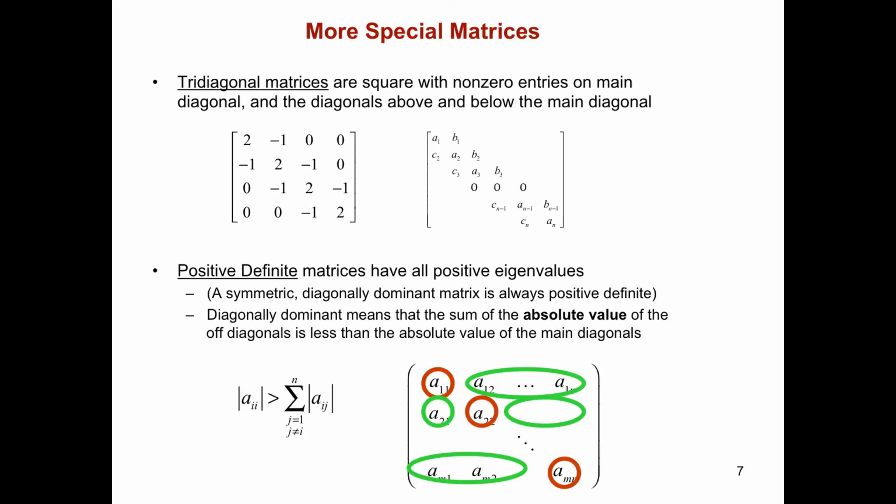Then A22 has to be larger in absolute value than the sum of all the others' absolute values, and so forth. If that's true for every row, then I have a so-called positive definite matrix. That's a rare test where I can just look at the matrix and tell whether it's positive definite and has positive eigenvalues.